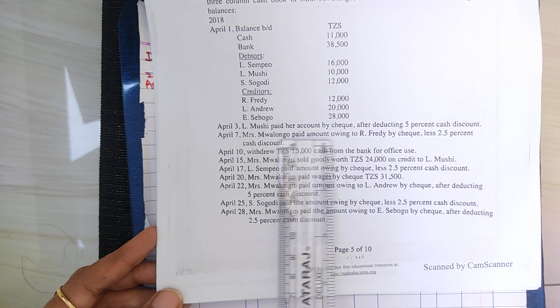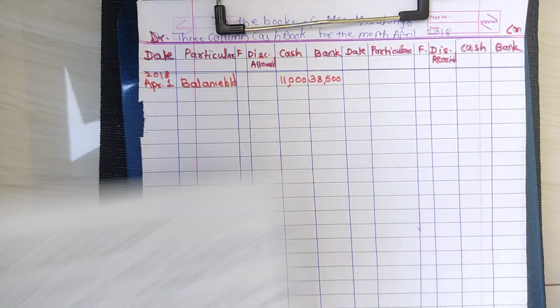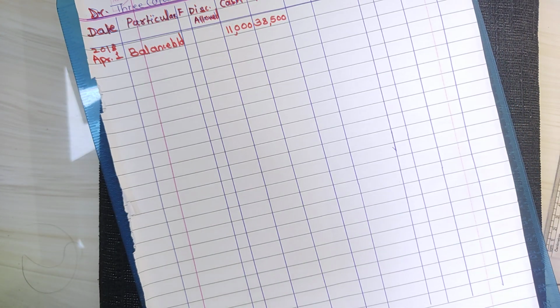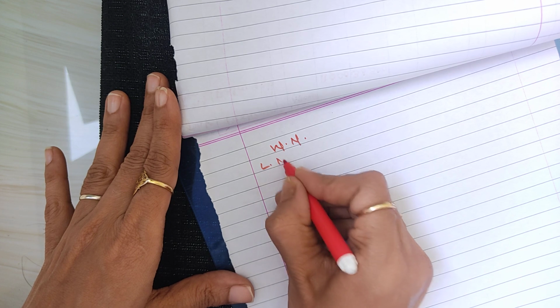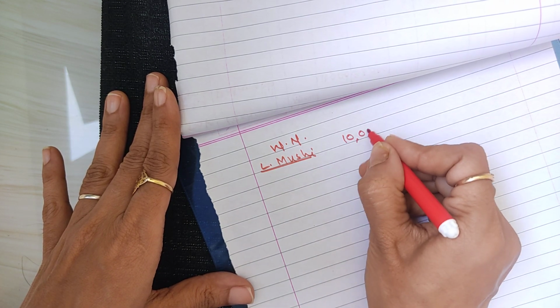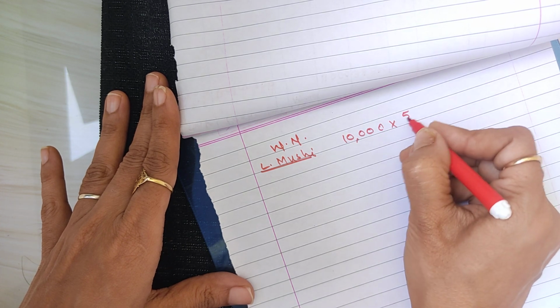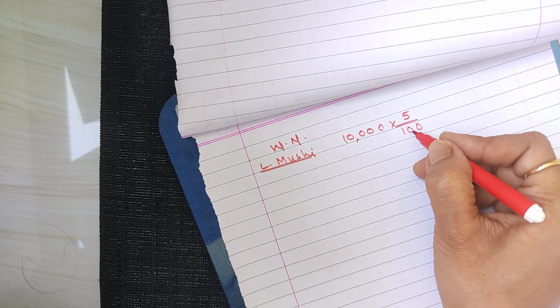So here, how much balance is in Mushi's account? 10,000. So 10,000, student, I will also show you in the working note. For L. Mushi, 10,000 is receivable from her, and it is given that 5% discount is given, so 10,000 into 5 upon 100.